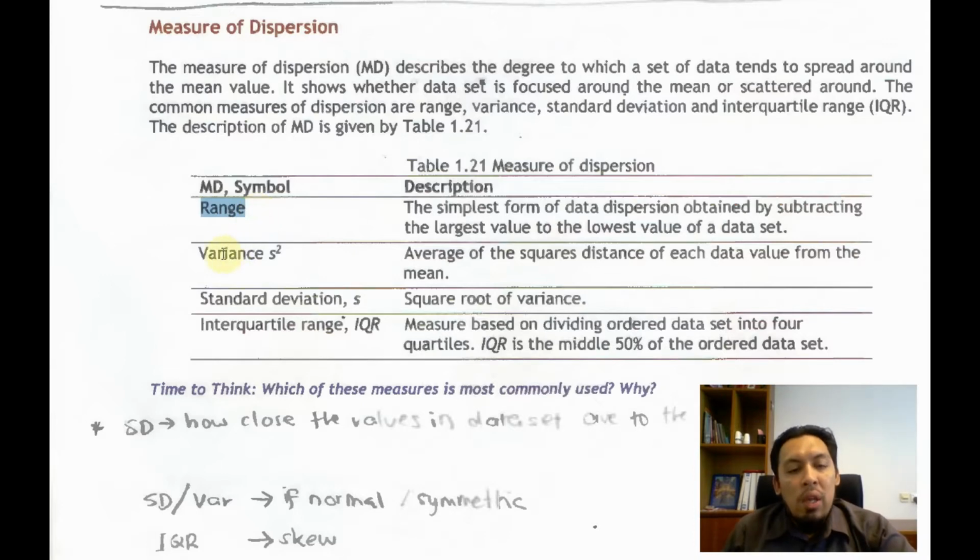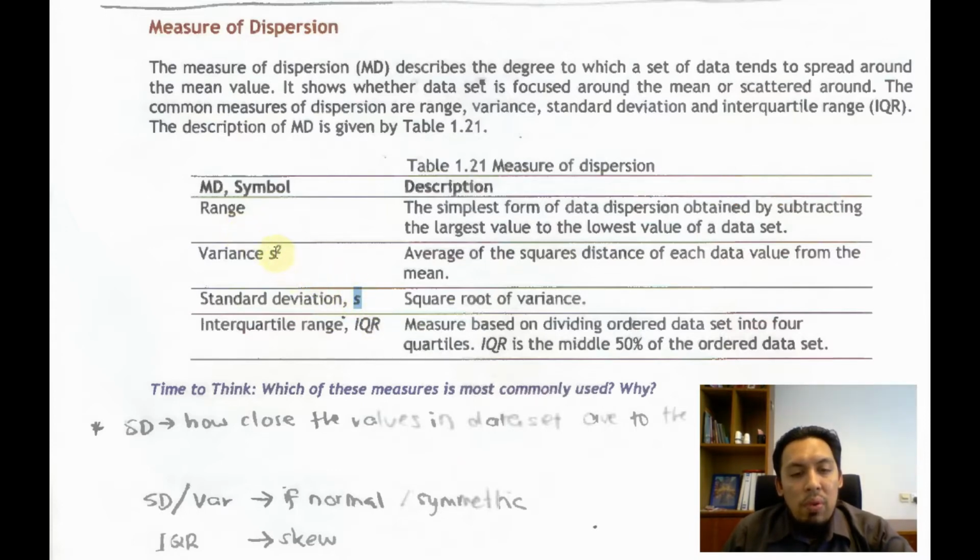Then we have variance and standard deviation. These two are among the measures that we use to look for dispersion until now. Variance is denoted as S squared, and standard deviation is denoted as S. This is for sample.